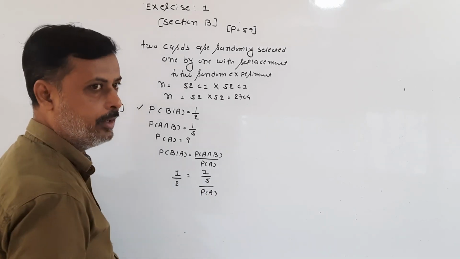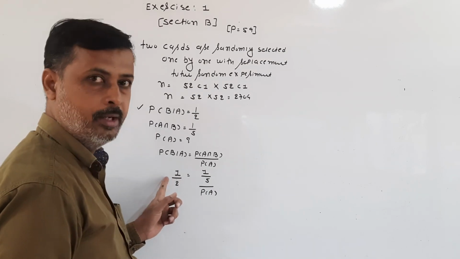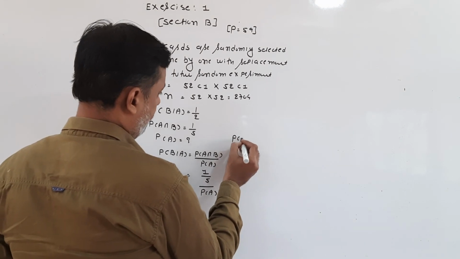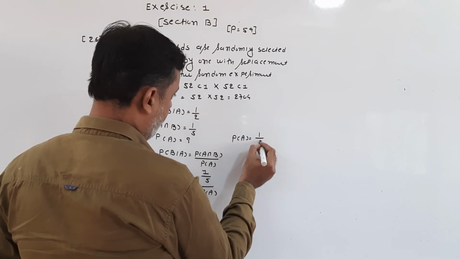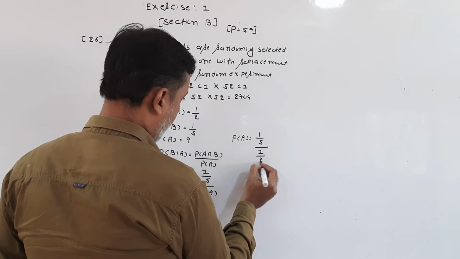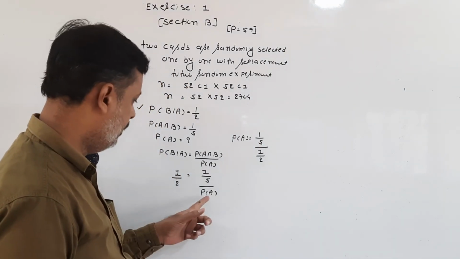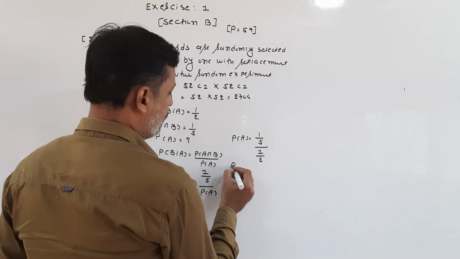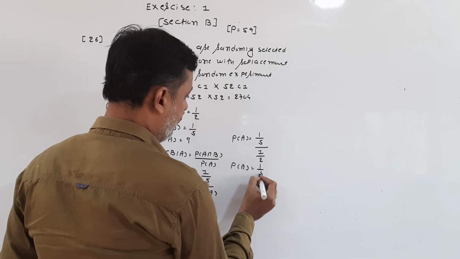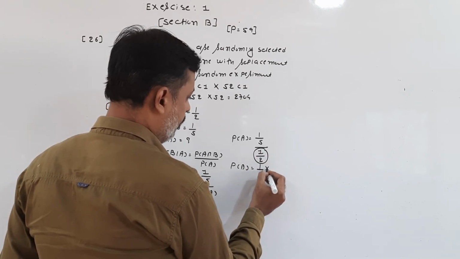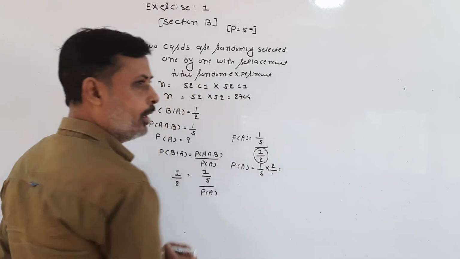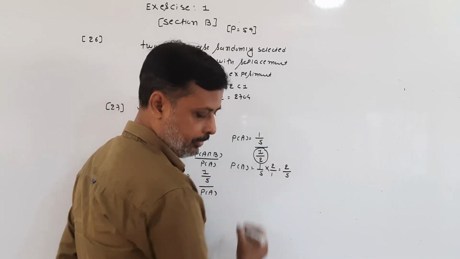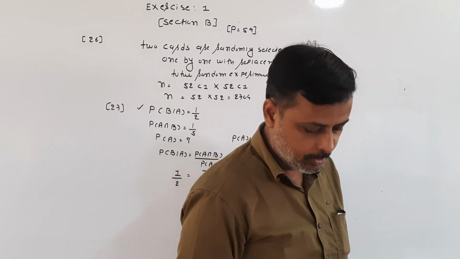P of A we have to find. तो यहाँ पर जो मल्टीप्लाई का रिलेशन है वो डिवाइड में चला जाएगा। सो P of A is equal to 1 by 5 अपॉन 1 by 2 है, तो ये मल्टीप्लाई का रिलेशन उसको डिवाइड में ले लिया। सो P of A is equal to 1 by 5, उसको रिवर्स कर देते हैं, न्यूमरेटर को डिनोमिनेटर, डिनोमिनेटर को न्यूमरेटर कर देते हैं। सो आंसर that is 2 by 5 मिल जाएगा.